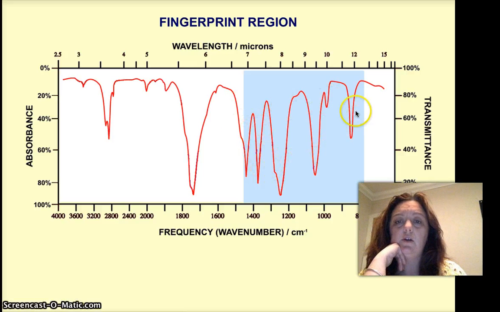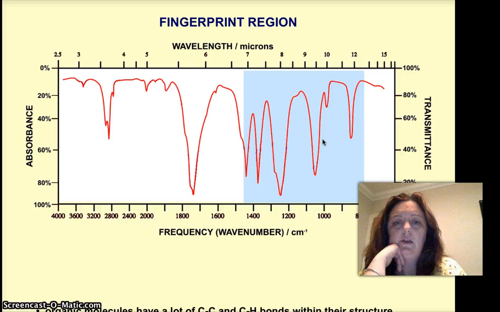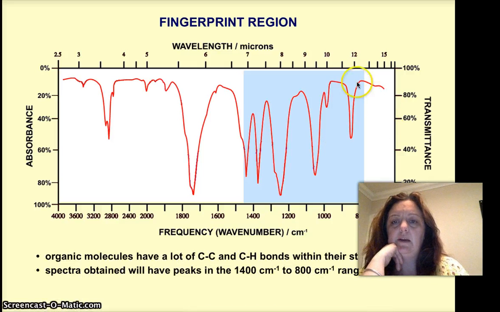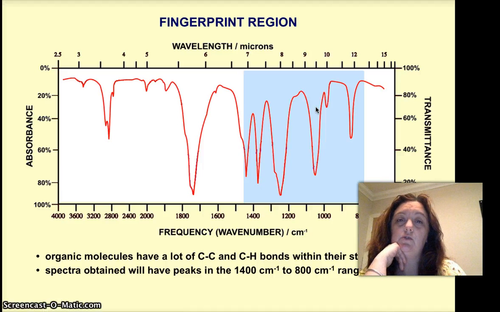No, you can't. You can't say it's an alcohol or a carboxylic acid, but you can say yes, it's an organic molecule. However, this is a fingerprint because certain molecules will have a very distinct pattern here in their CC and CH area that you can overlay with a known spectra and know for sure you have.